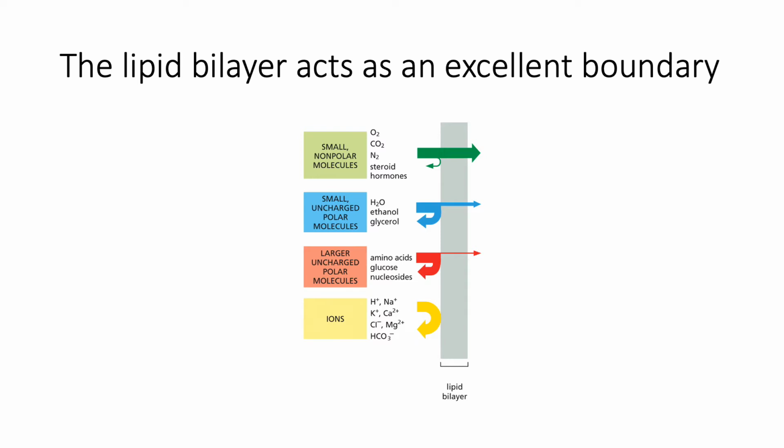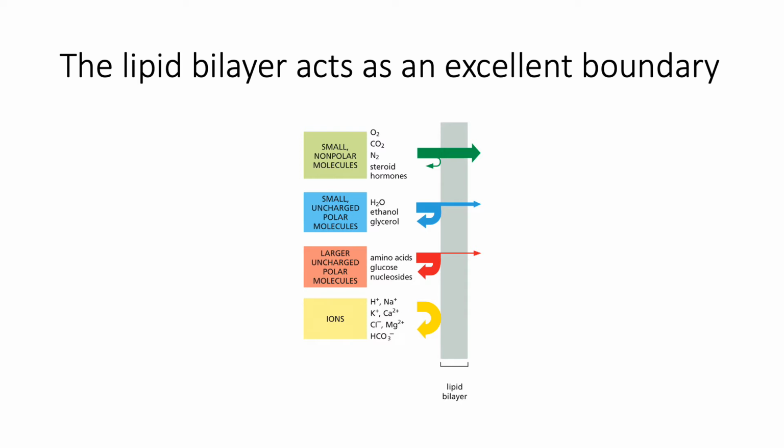Then we move down to small uncharged polar molecules. They're polar, they're not charged, and they're small, like water. So water can get through the membrane. It can work its way through the membrane. That's what's thought, because of the fact that it's tiny. Glycerol and ethanol can't really get through the membrane. They're a little bit too big, and they're a little bit more polar.